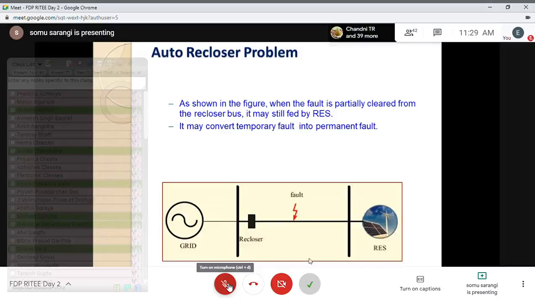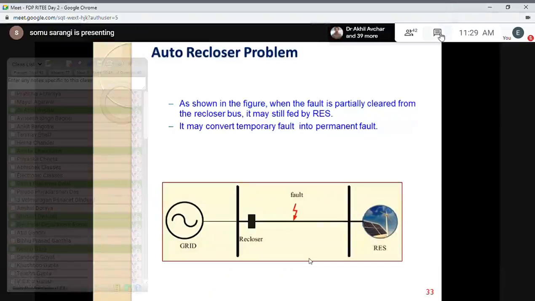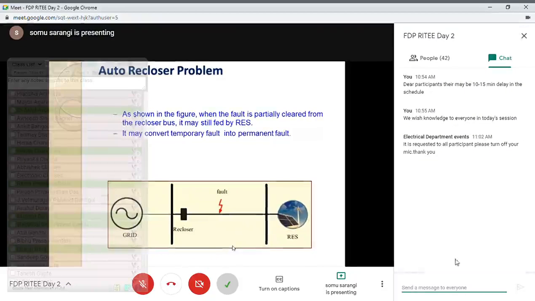The second one is, we have several types of transient fault. So because of the transient fault, it may be possible that our system or the relay may operate. So for that reason, we have reclosure. But when we are trying to reclose, definitely they have to be synchronized on both the sides.